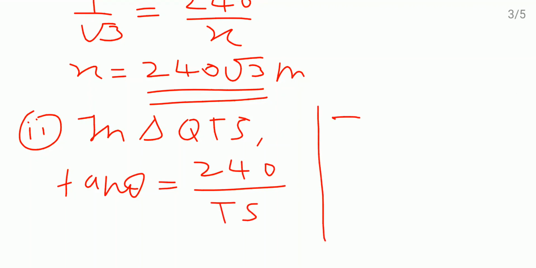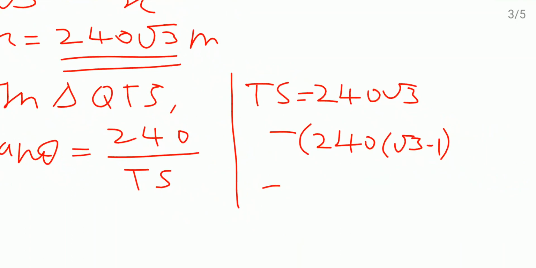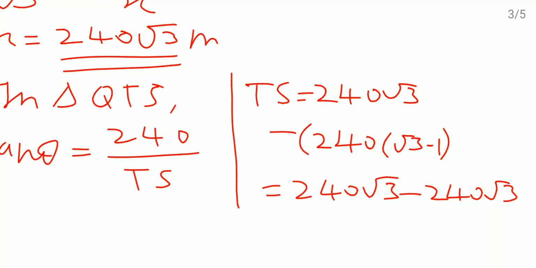What is the TS here? TS is equal to the original distance, 240 root 3 meters, minus the reduced distance, which is 240 in the bracket (root 3 minus 1). Let me open the bracket. Let us see here, which is equal to 240 root 3 minus 240 root 3 minus 240.